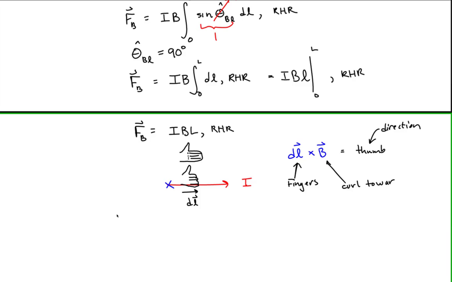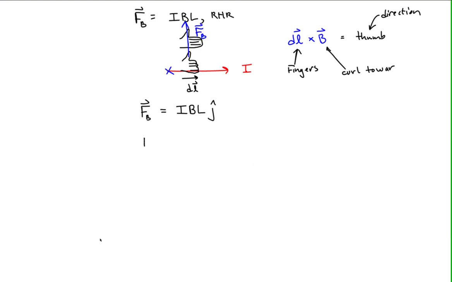Our thumb is pointing straight up. Since our thumb is pointing straight up, that is going to be the direction of the magnetic force. So that means that the magnetic force has a magnitude of the current times the magnitude of the magnetic field times the length of the wire, and it is in the positive y direction, based on our coordinate system.